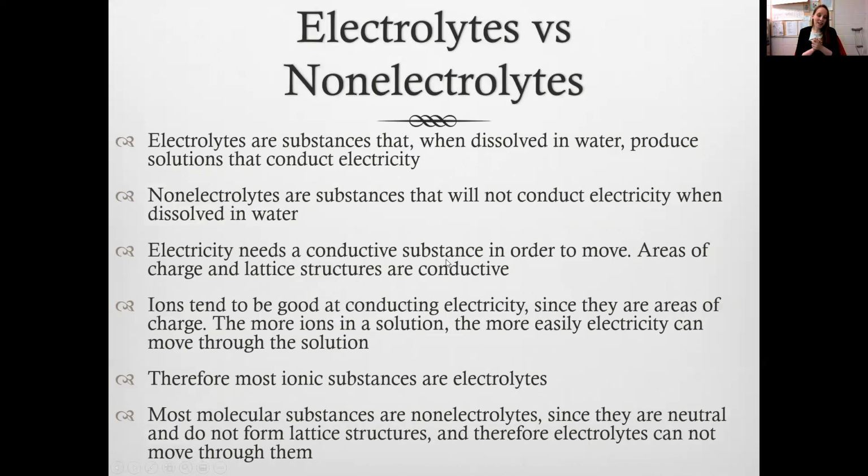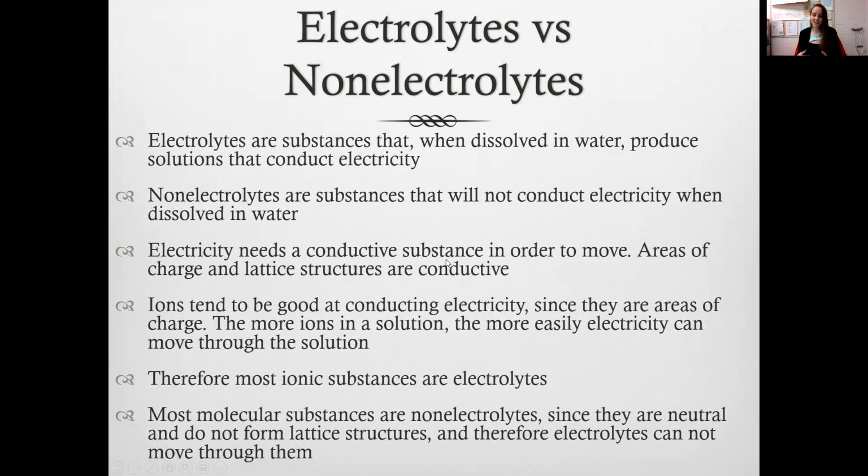Okay, something that you will have to be able to identify is whether or not a substance is an electrolyte or a non-electrolyte. If it's an electrolyte, then when you dissolve it in water, your solution can conduct electricity. If it's a non-electrolyte, when you dissolve it in water, the solution will not conduct electricity.